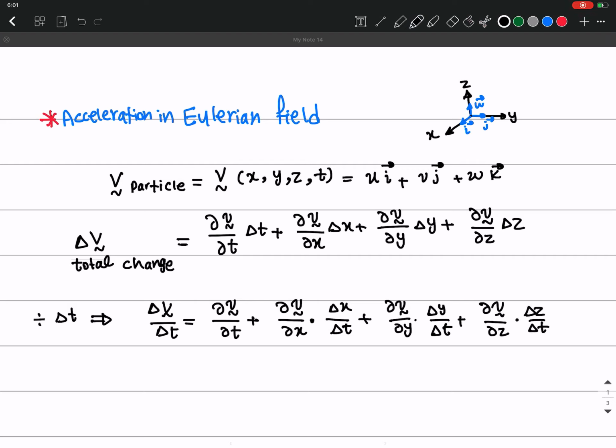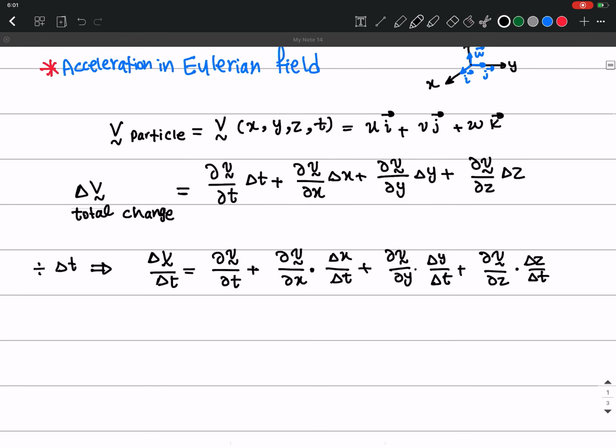Okay, and now let's take the limit where delta t goes to 0 of delta v over delta t.